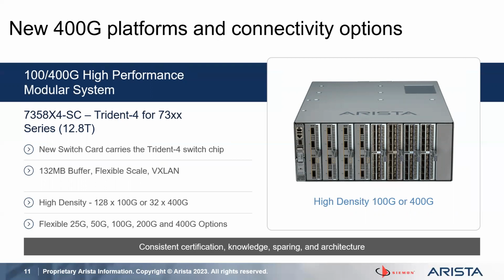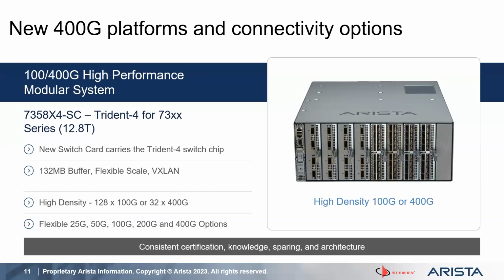So we also offer what we call a hybrid option, a semi-modular platform, a mix between a fixed and a modular platform, in a very compact 4-rack unit form factor, and you can individually choose different types of line cards. Again, we offer 4 ports of 400 gig or 16 ports of 100 gig or 16 ports of 25 gig.